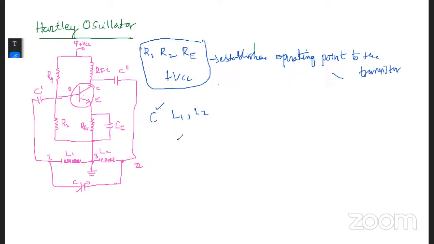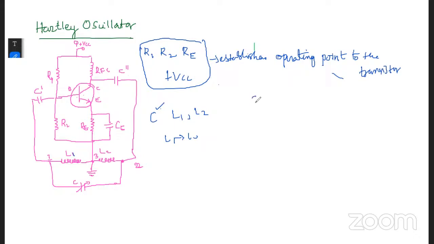Here the coil L1 is coupled with L2, inductively coupled, and this combination forms an auto transformer. And the remaining capacitors which we have are C dash and C double dash.